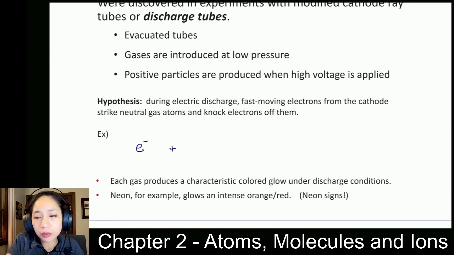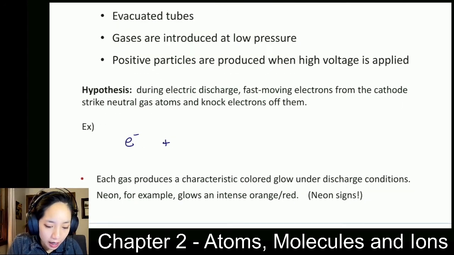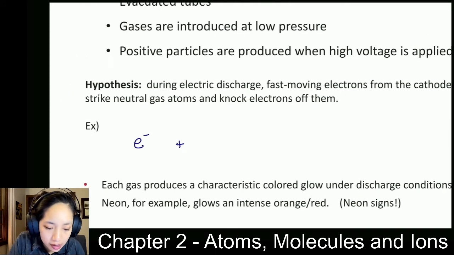So what essentially is happening, like in a neon sign, where neon is introduced to the tube. So there's a low pressure of neon within your neon sign. So we take voltage or electrons, and then we introduce our gas, like a neutral neon atom.